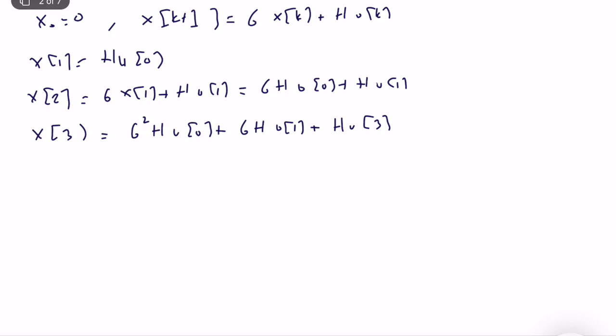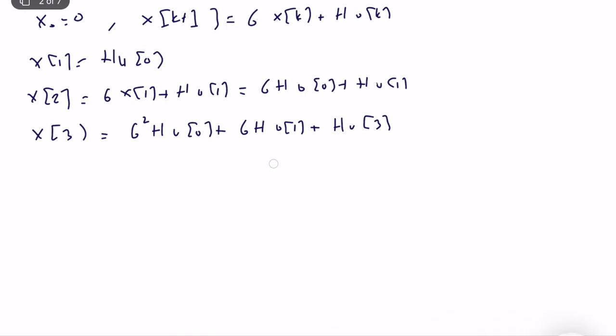The index of u is increasing in this direction, whereas the index of g to the power is decreasing in the other direction. It looks like a convolution operation. As you remember, in the convolution we have the impulse response, which takes the argument n minus k, and u takes k. So there's some convolution indexing in here. It's convolution. I will show you later.